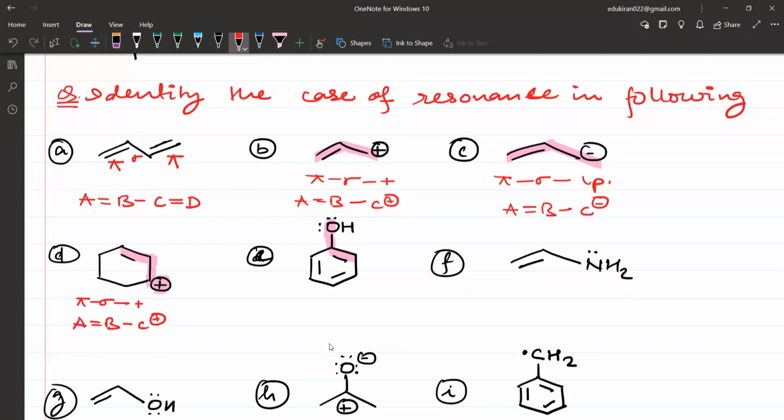Here we are going to have pi sigma lone pair. Also, you see here you have pi sigma pi. So we have two cases of resonance here: pi sigma lone pair and pi sigma pi. In the F case, you have pi sigma and a lone pair.